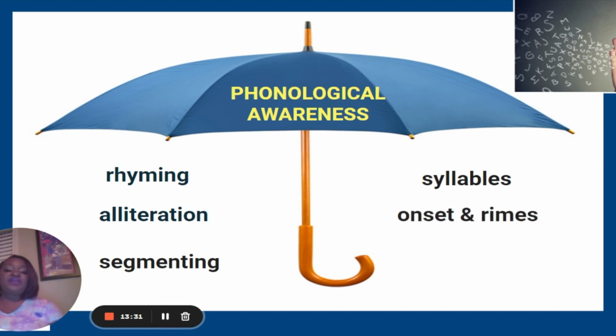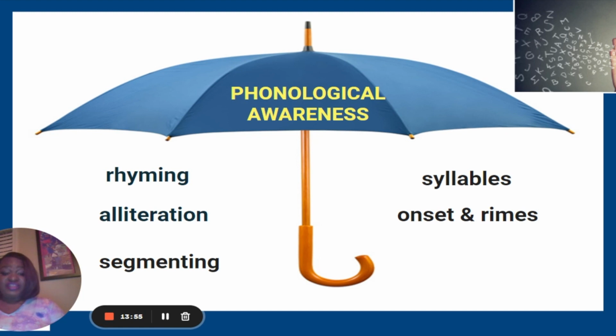Next, we have onset and rhyme, which is when our students can give us the sound that comes before the vowel sound in a word, which is referred to as the onset. The rhyme is the vowel and everything that comes after it.